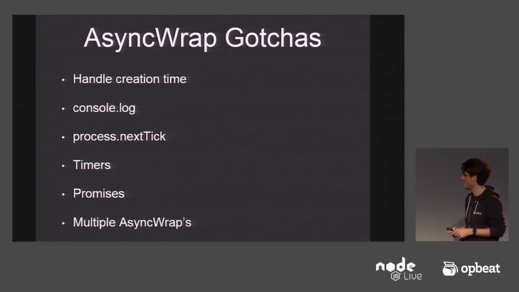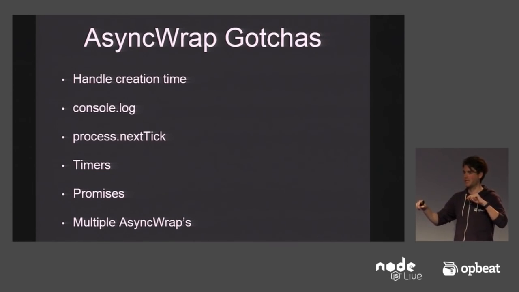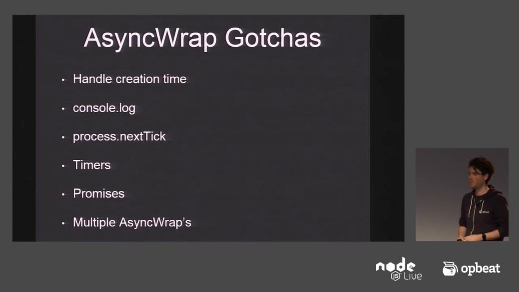But this is again something that we're working on, so hopefully that'll be part of the final AsyncWrap API. But maybe not, so watch out for that. And then right now, multiple AsyncWrap: if you start AsyncWrap twice in your application, it will be the last one that takes precedence. So only the last one to add the hooks will be the one whose hooks are called. So those are some things to watch out for.